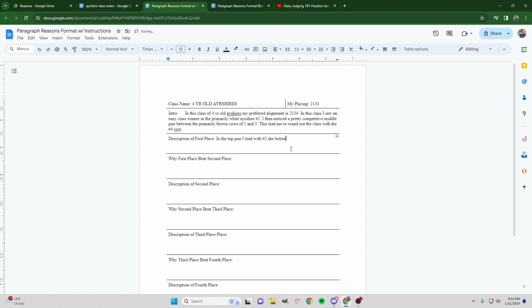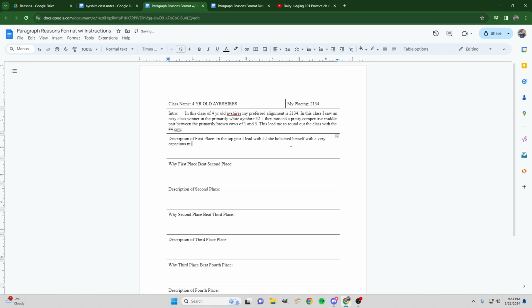She bolstered herself with a very capacious midsection and the most spring of rib in this class.